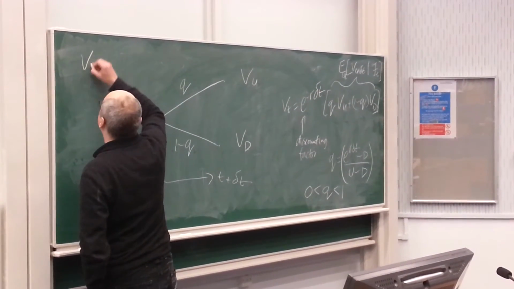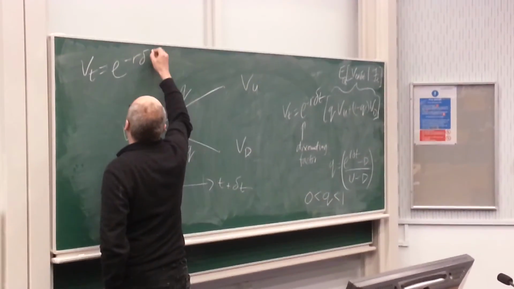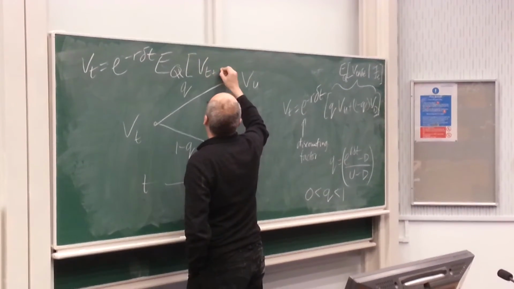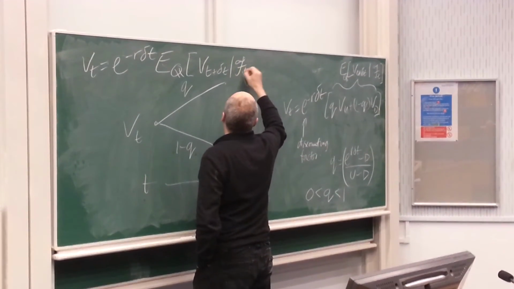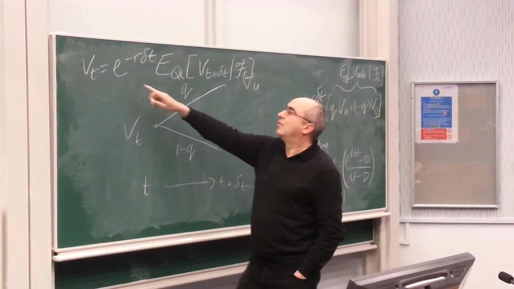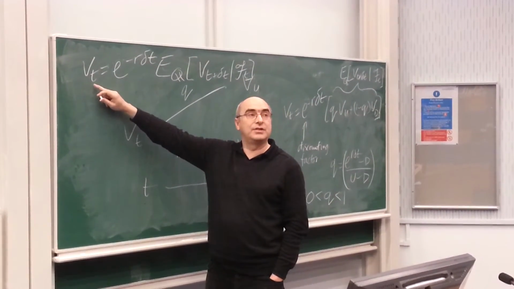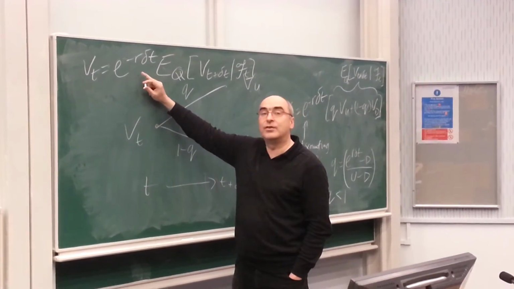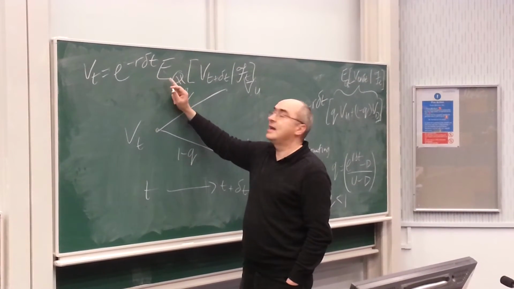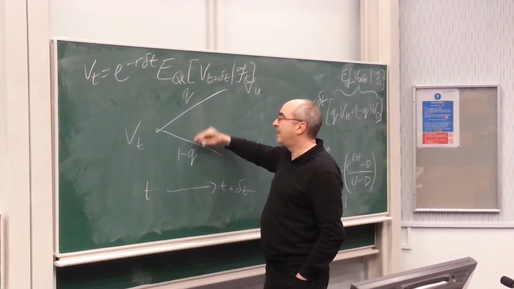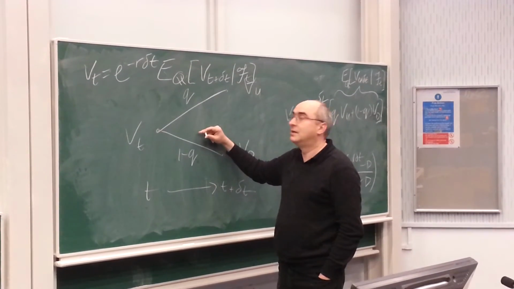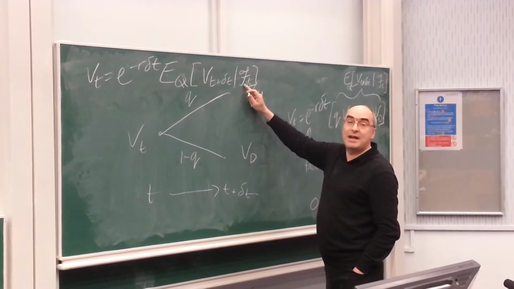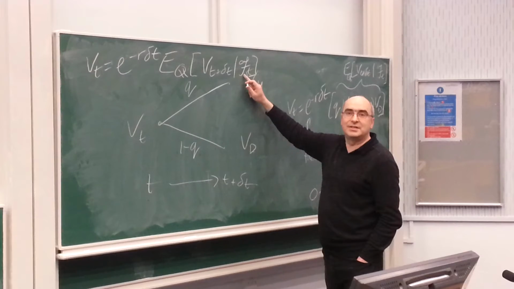So what we can write down here is that the value of the option or the replicating portfolio at time t is the discounted expectation, from time t plus delta t back to t, under this funny new probability measure, of the future values given F sub t, the filtration, the time up until now.